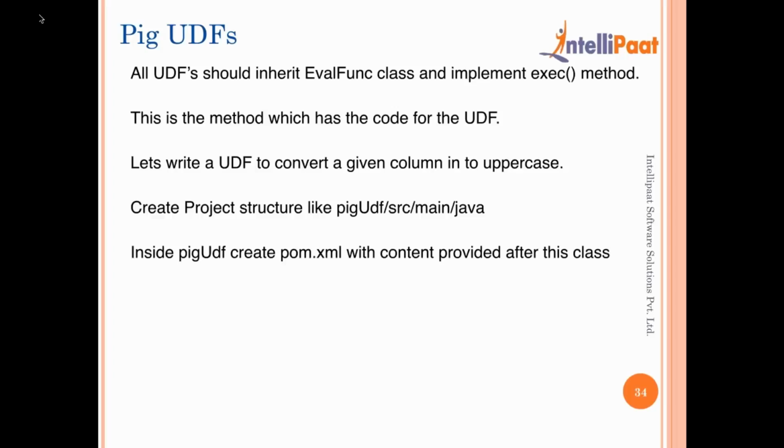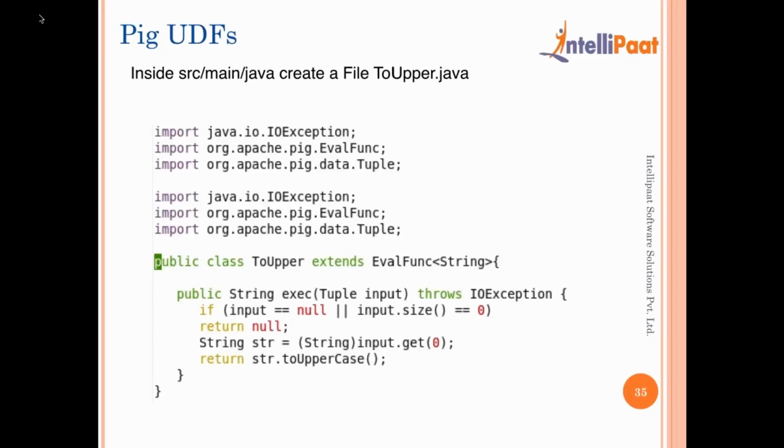First you have to create the directory structure like pigUDF, whatever the project name, then src/main/java, because we are going to use Maven for this activity. Inside the pigUDF directory, create pom.xml and paste the content. After that, inside src/main/java, create a file ToUpper.java.